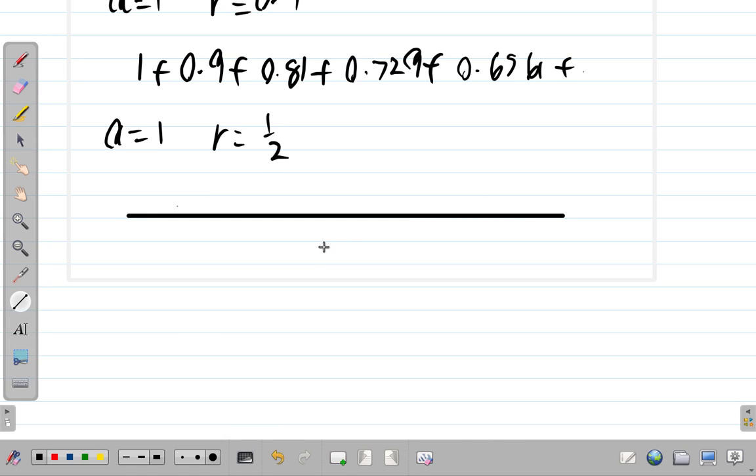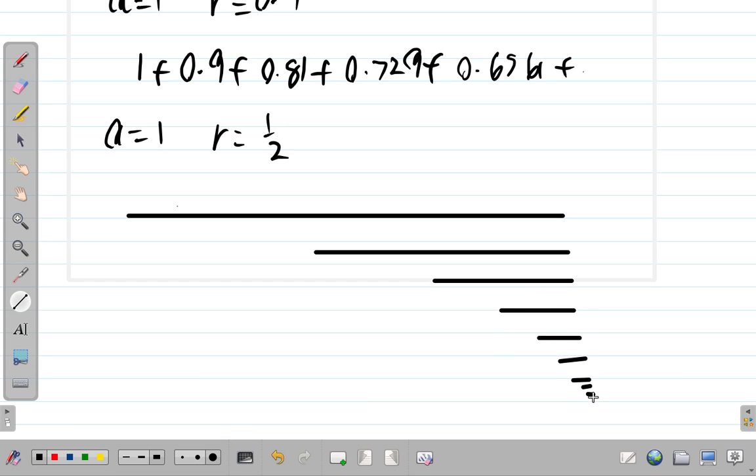That's 1 meter long. You cut it into half. That's half meter. The half that you had, you cut it into half again. Then into half again. Half again. And you keep halving the string. When you add them all up, what are you going to get? Let's see.